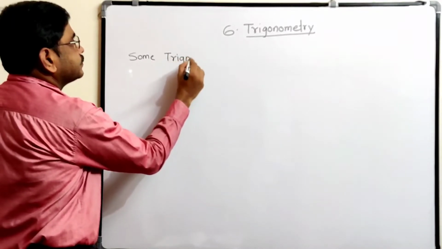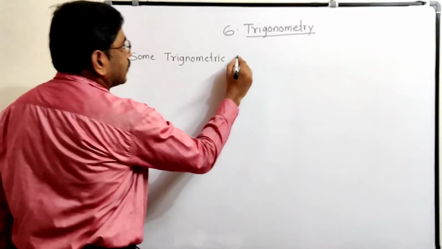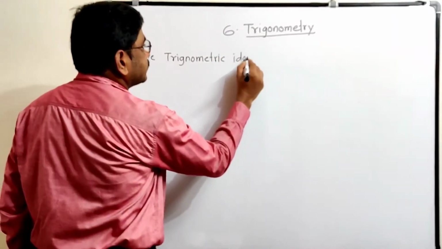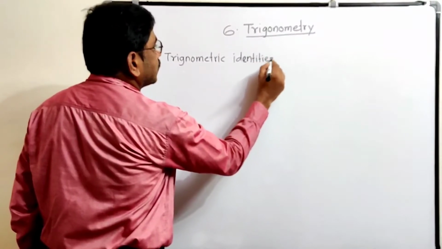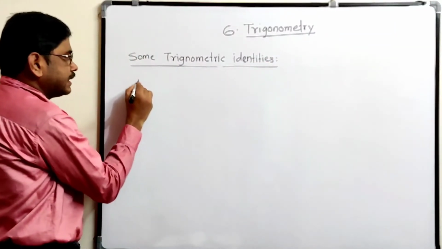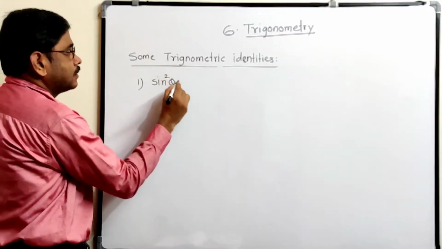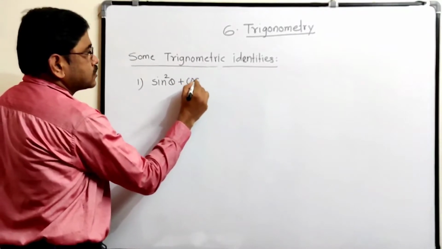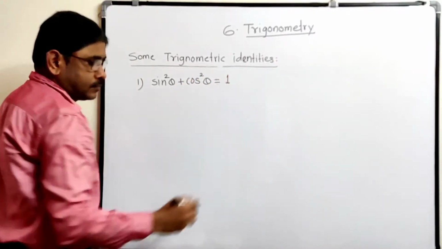Now let us see some trigonometric identities. The first identity is sin square theta plus cos square theta is equal to 1.